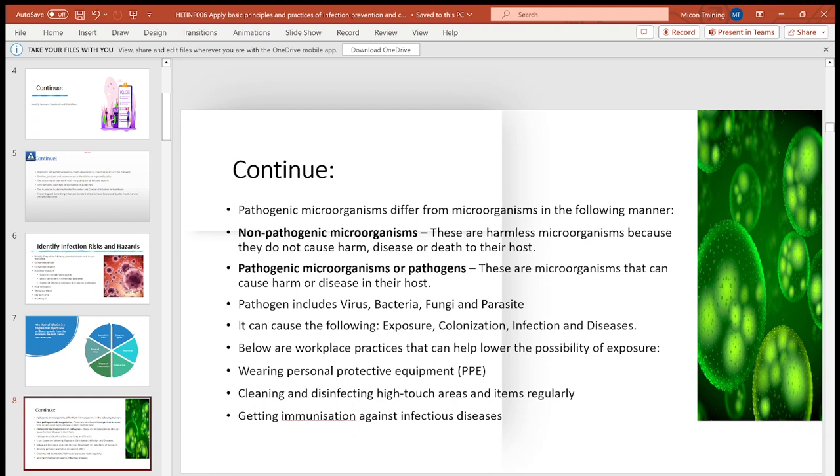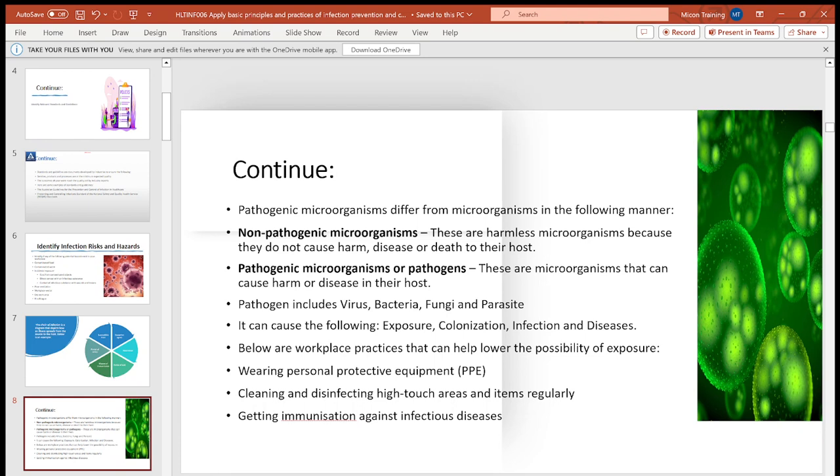Below are workplace practices that can help lower the possibility of exposure to this form of pathogens. One, use the appropriate PPE, that is personal protective equipment. Clean and disinfect high-touch areas and items regularly, just as I said earlier, when you're working with your computer system, because we touch this area so many times.